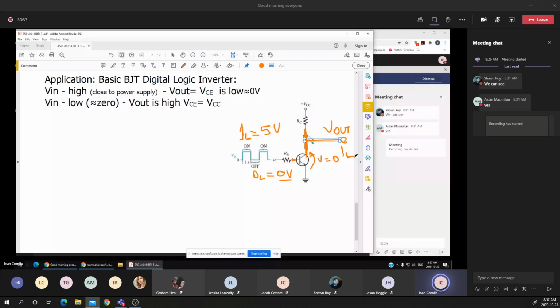Now, in order to see the transition, I will have the logic table. Now, let's see how that works. Suppose that on the top I'll put the input, and on the bottom I'll see the effect, which is the output of the circuit.